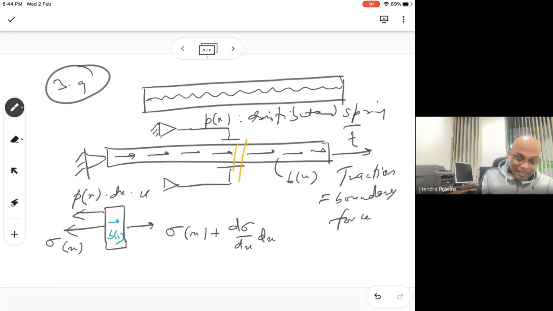So if we have the area here, some A, we can write it as sigma plus d sigma over dx times A, and then minus sigma times A.